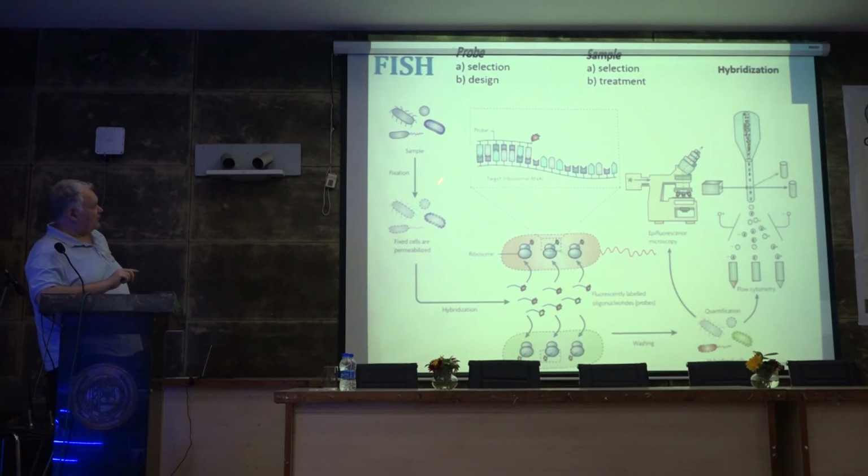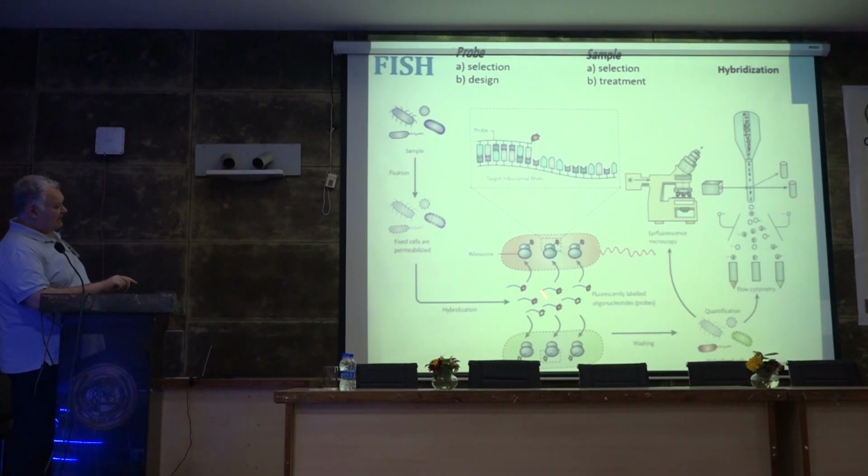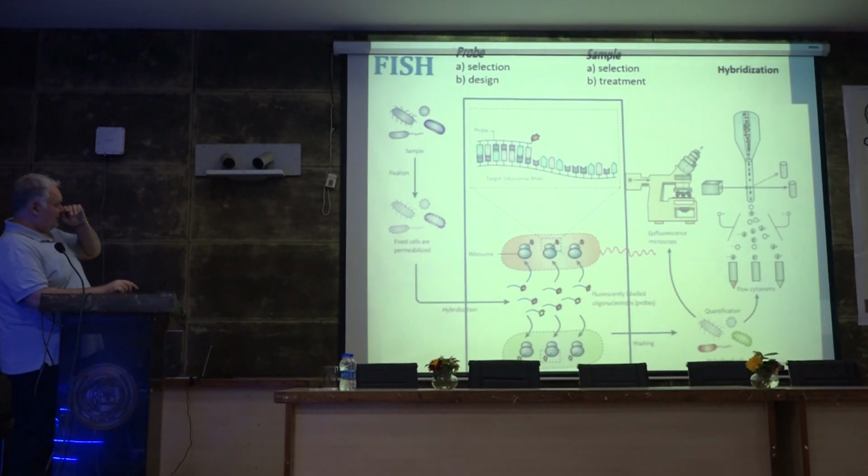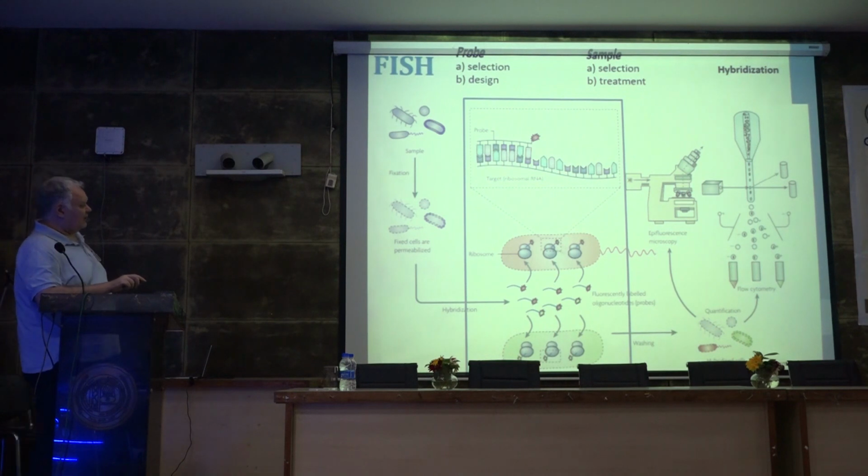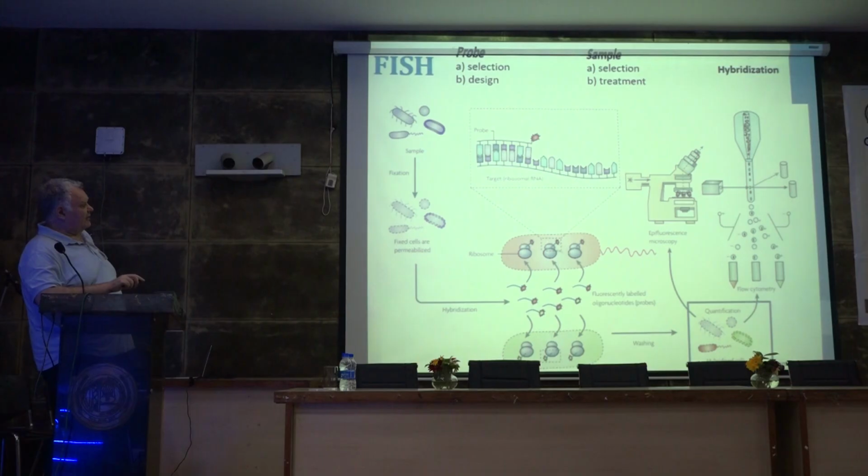So you have the samples, you make the fixing, you put your marker, and then after the hybridization, you need to do visualization. You can do it with a microscope, but again, it's a little bit complicated. After the fixed and permeabilized cells, you put your marker where you want. You make contact between the ribosomes and your marker, and you can observe.